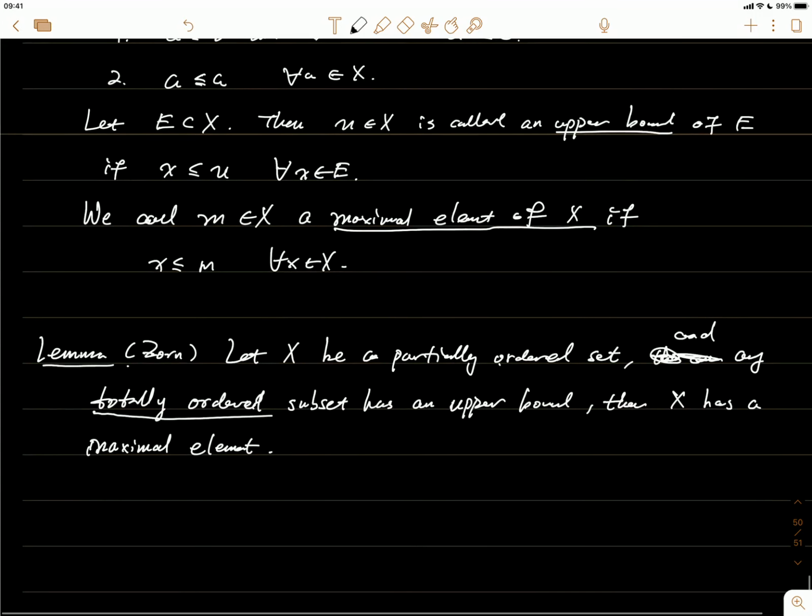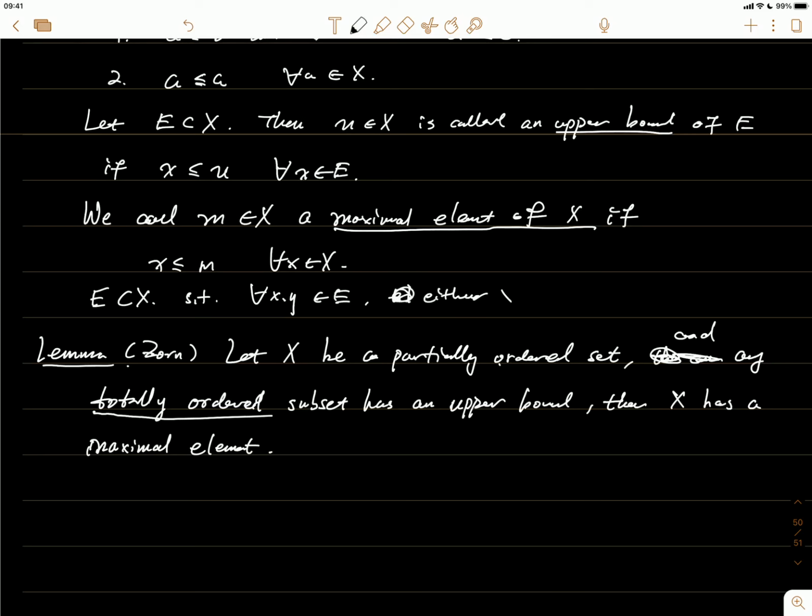So a totally ordered set is a set E in X such that for any two elements x and y in E, either x is less than y or y is less than x.